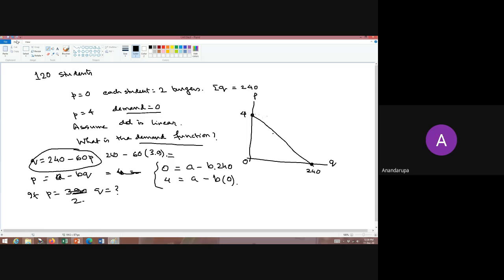Sir, can you please explain how it came to Q equals 240 minus 60p? See, let us say this is a linear demand function. Now look at this part, p equal to 0.